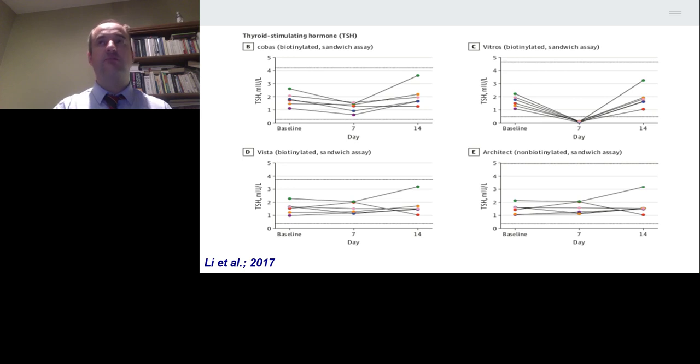So biotin might be considered an interference, again dependent on the dose of biotin, dependent on the assay and the manufacturers, and we know that the manufacturers are trying to improve the assays with less sensitivity to biotin.